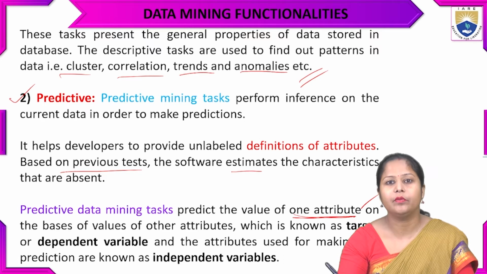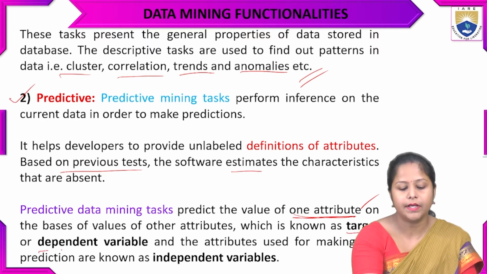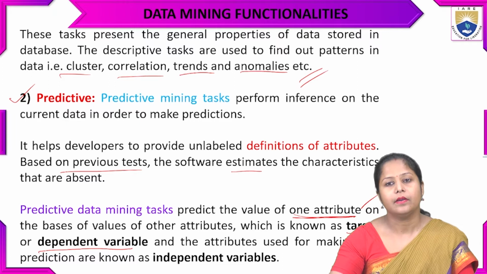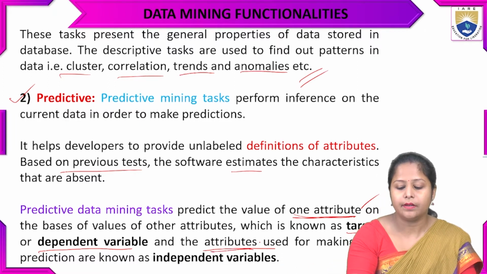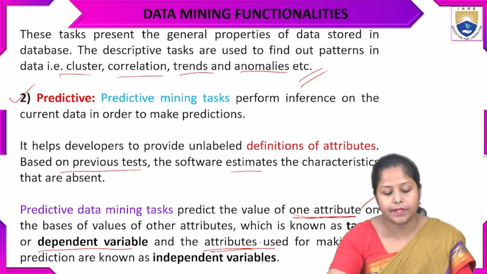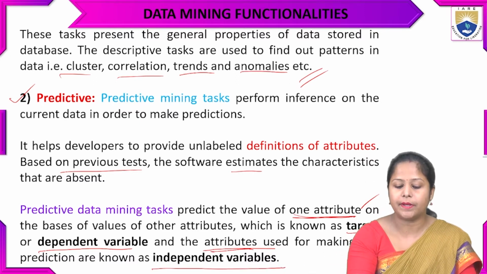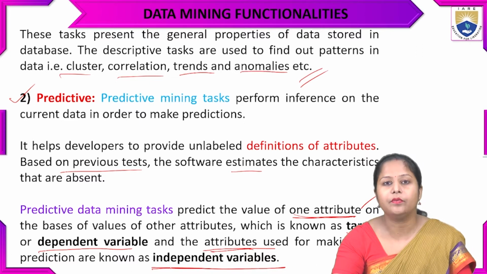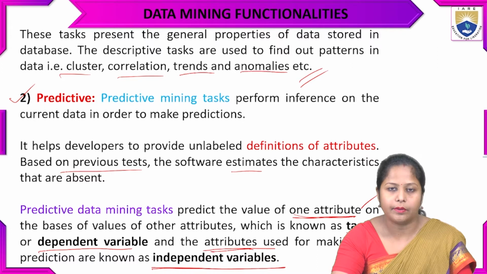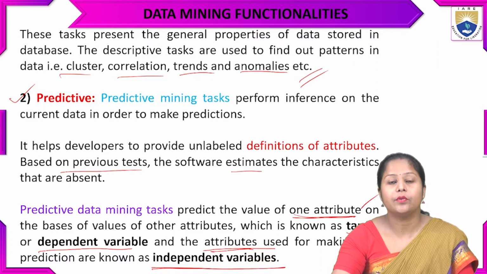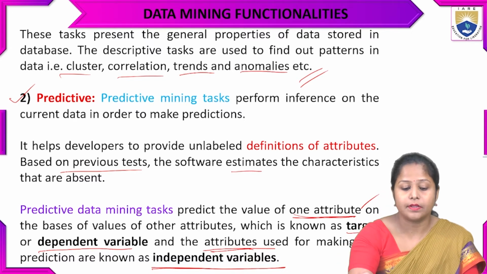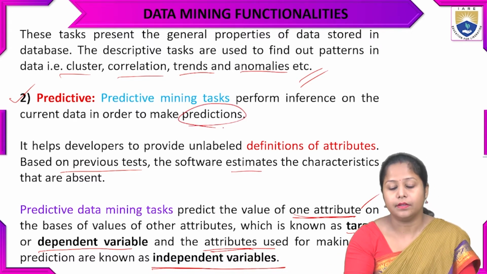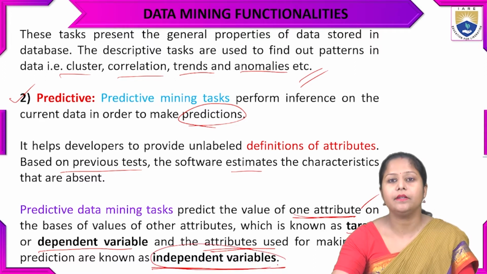The first attribute will be the target or dependent variable, and the other attribute, used for making the prediction, will be the independent variable.